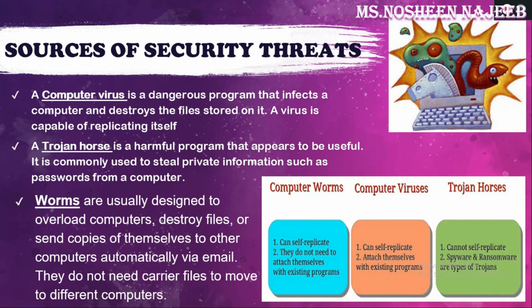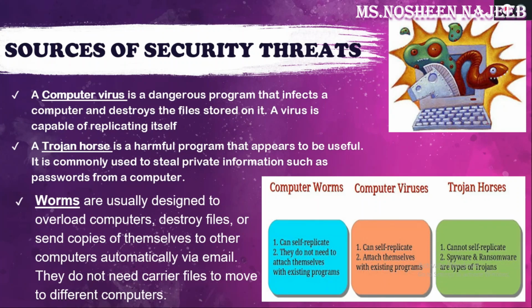So at the right side of your screen, we have some more information related to the worms, viruses, and Trojan horses. Worms can self-replicate, viruses can self-replicate, while Trojan horses cannot self-replicate. Then worms do not need to attach themselves with existing programs.